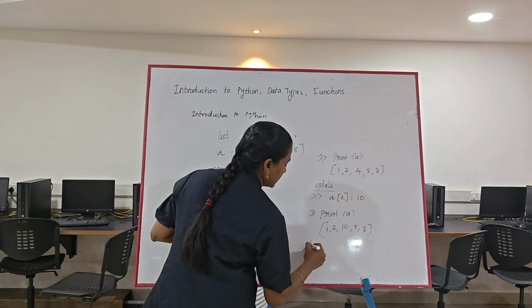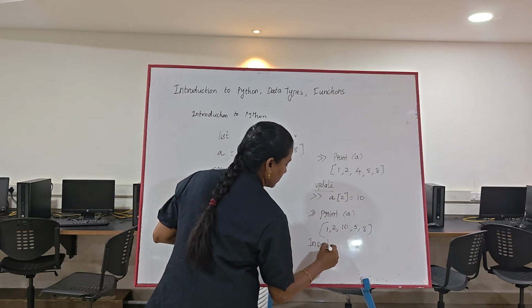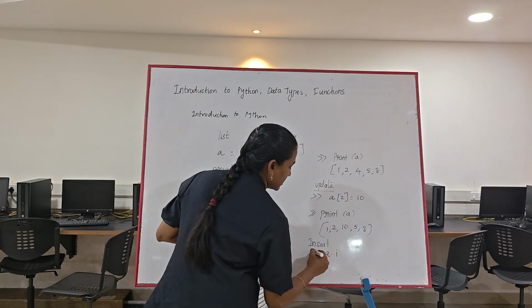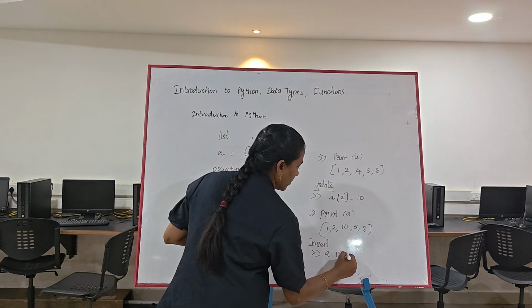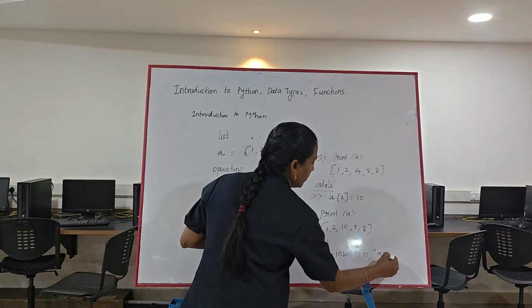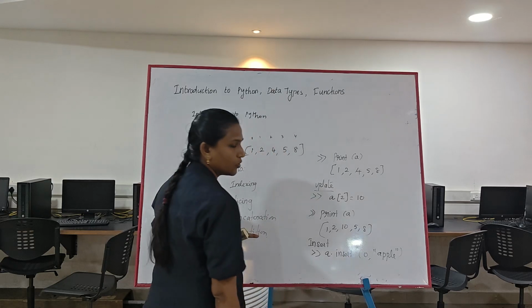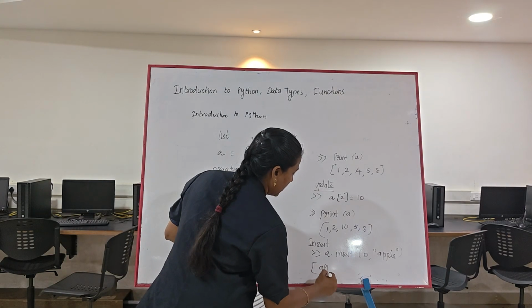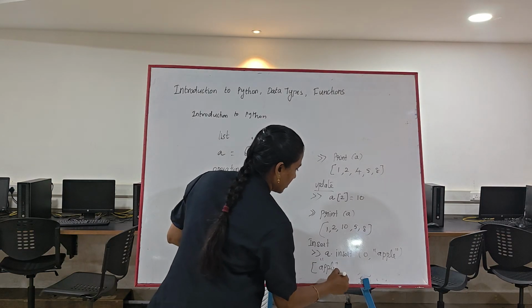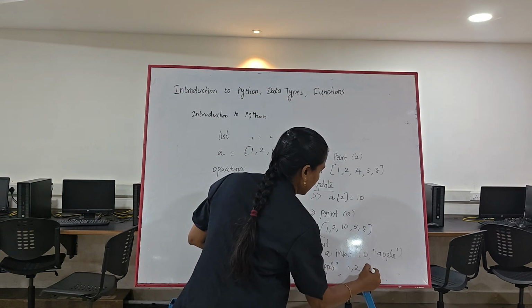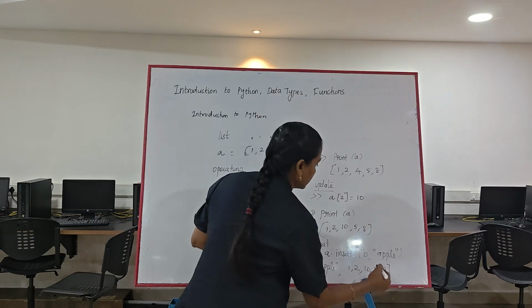Next one is insert. If I give A dot insert of 0, apple, our output will be apple displayed first, then 1, 2, 10, 5, 8.